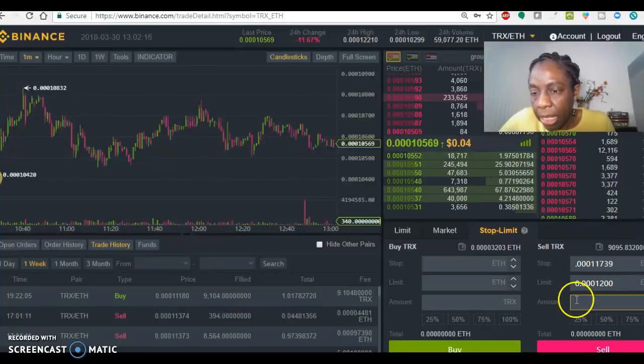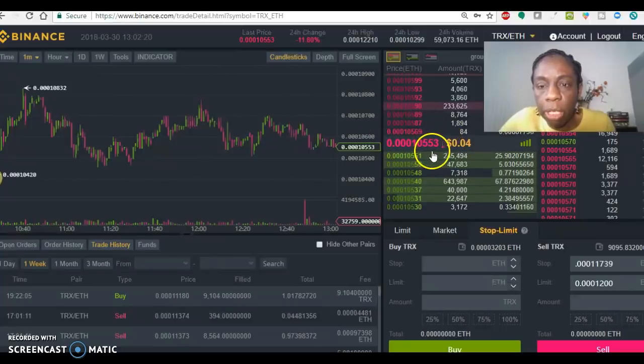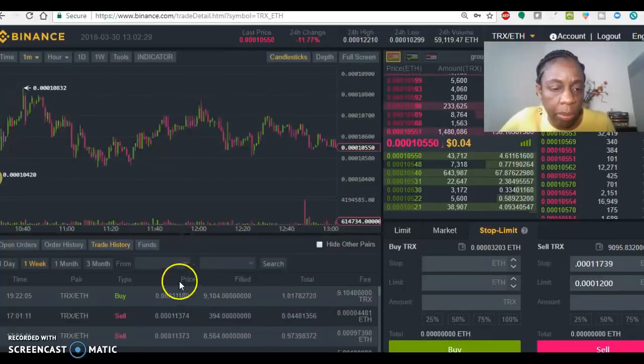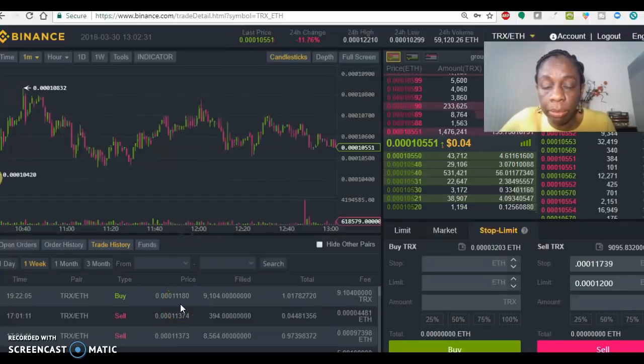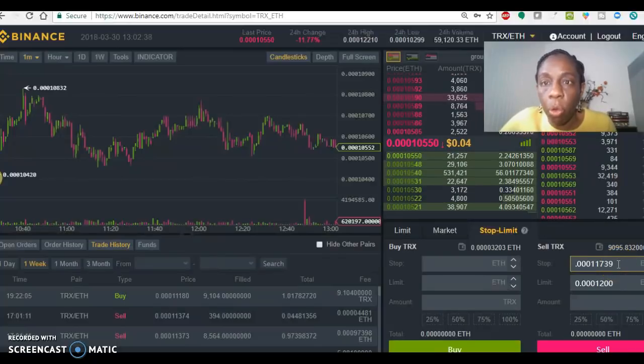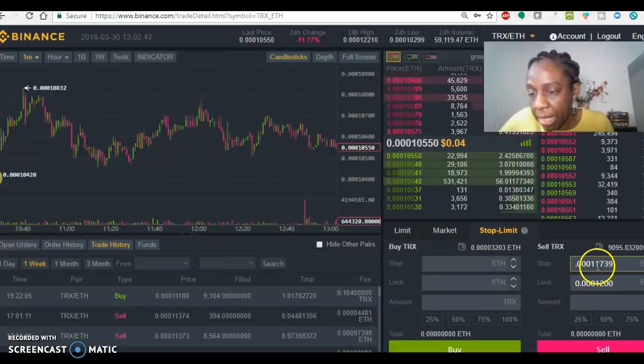Okay, so what it's saying is, once the price of Tron goes up and it increases 5%, which is how I calculated this figure. So this is a 5% increase on my purchase of Tron. Once the price hits this figure, it will create an order to sell, but it will not sell at this figure, it will sell at this figure.